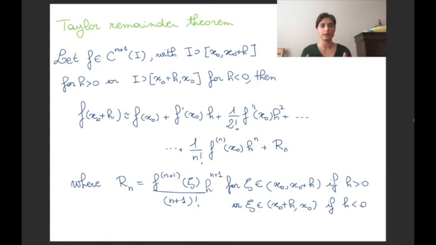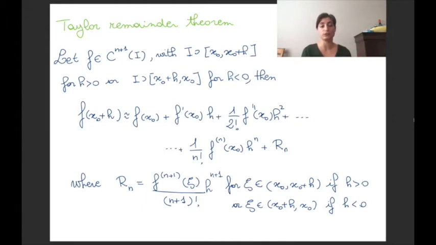The residual is the part we are interested in this theorem. It states that the difference between the truncated Taylor series at order n has actually a form that we can study. It depends on the distance from the point you're taking all the derivatives at, to the power n plus 1, times the n plus 1th derivative at the point xi.